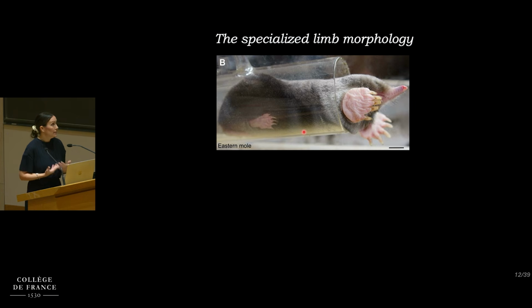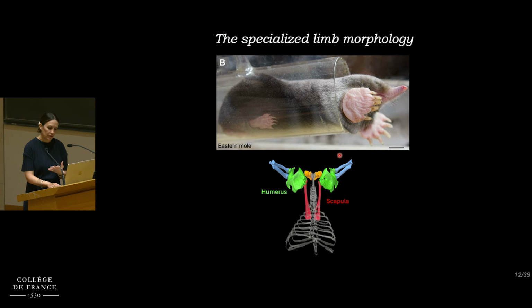And these need a lot of adaptations, like these tubular bodies. And as you can see here, the hands are really adapted to dig, and they are very derived. But also the forelimbs. For example, if we look at this CT scan, we can see that there are two major bones that have suffered dramatic transformation compared to mammals like the mouse.